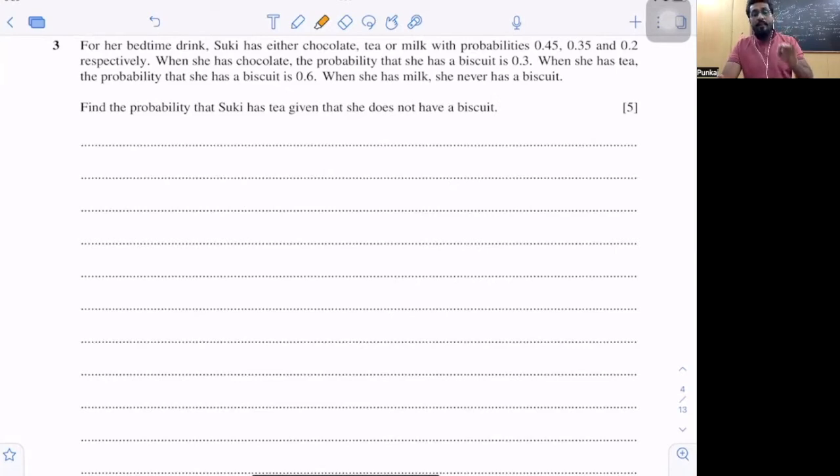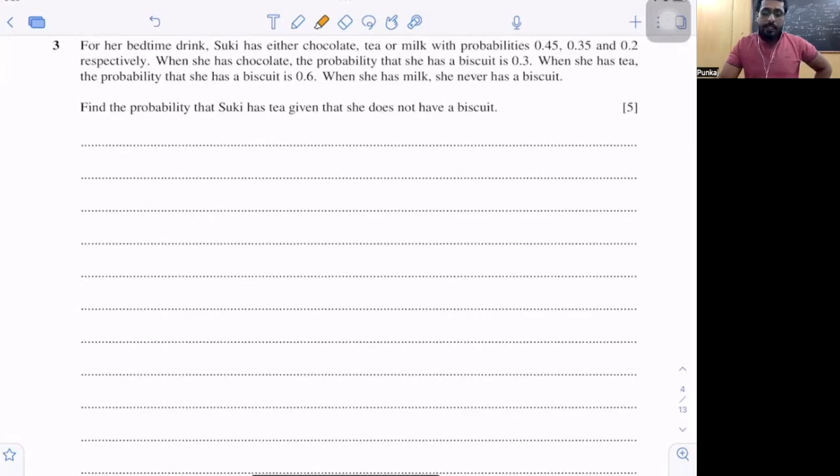She does not have both of the things together, right? She will not have a chocolate and the tea together, or tea and milk together, or milk and chocolate together. See the probability 0.45 plus 0.35, that will give you 0.8 plus 0.2, that gives you perfect 1. That means the three events which are given here are definitely mutually exclusive. Only one of them is going to happen.